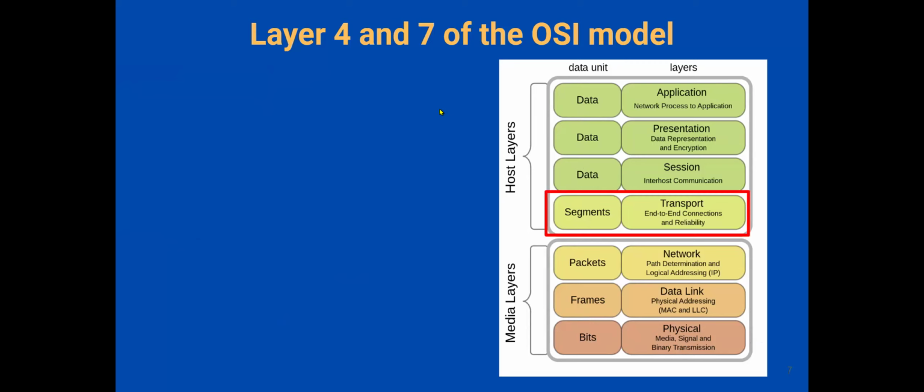But let's look at layer 4, which is transport. So what's that about? You'll notice that's at the host level. Now that's important. This is how we get the information from one location to another, and how we organize the information at the host layer. What it's providing for us is reliable data transfer.